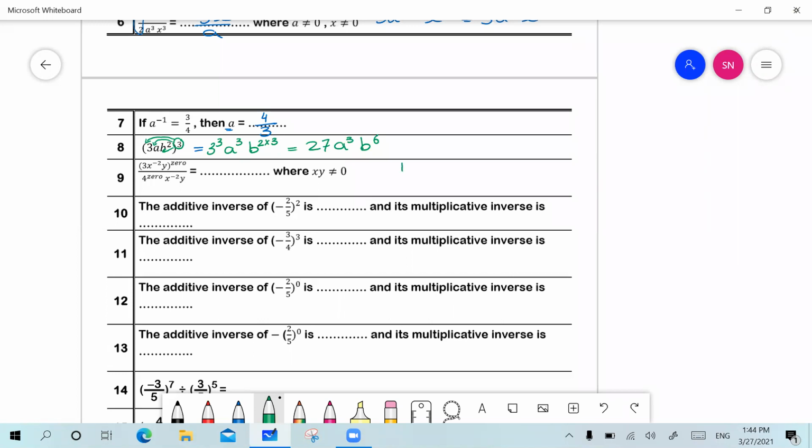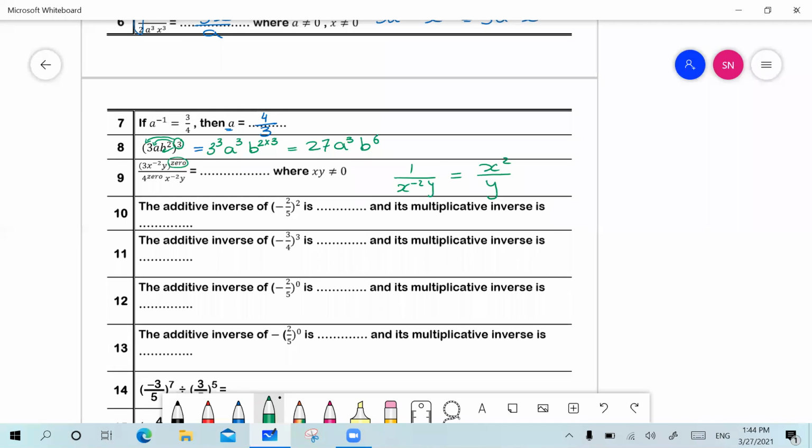Exactly. So the numerator is 1 because it's all raised to the power of 0. And 4 to the power of 0 is also equal to 1. And x to negative 2, I'm going to put it as x negative 2y, and then flip it. So the answer is going to be x squared y over y. Exactly. Thank you so much.